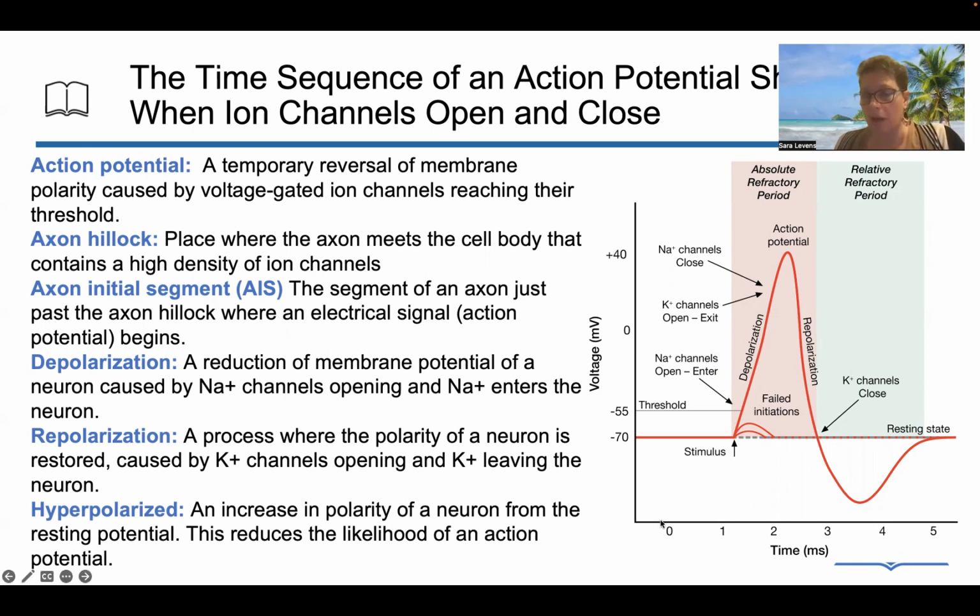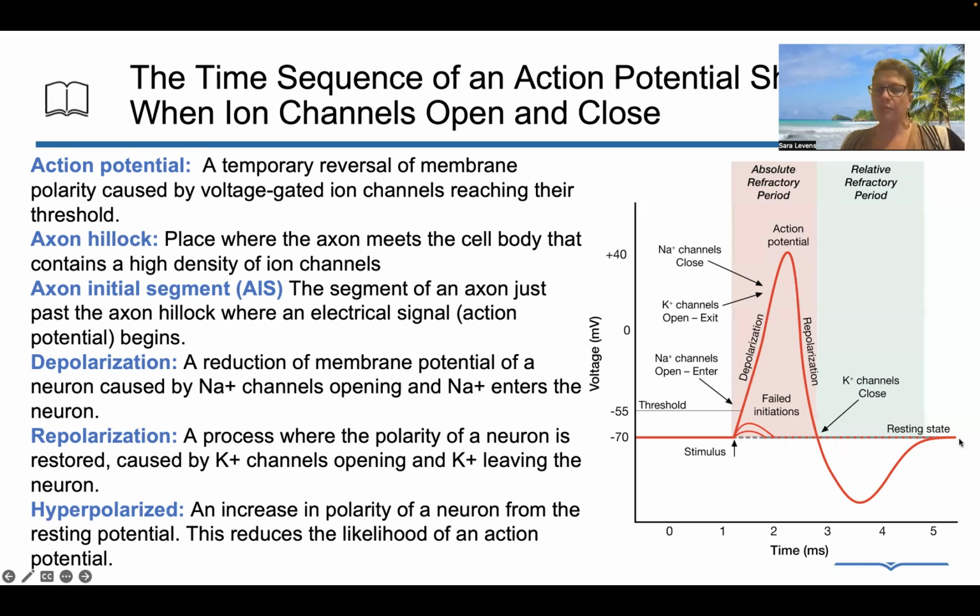Then at that point, when the inside of the cell reaches that level, these sodium ion channels sense the voltage, they open, and the sodium floods into the cell, and you have this rapid depolarization that is the action potential. It looks like this and follows this form.